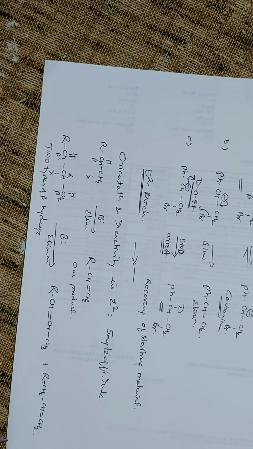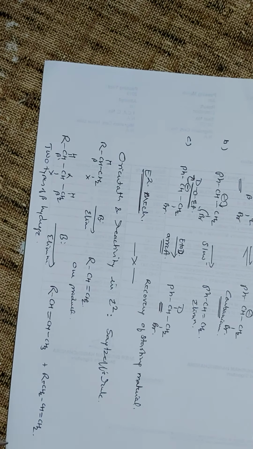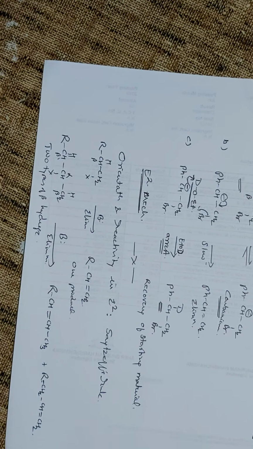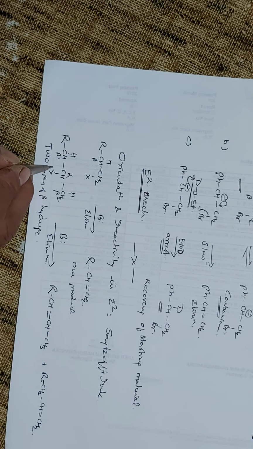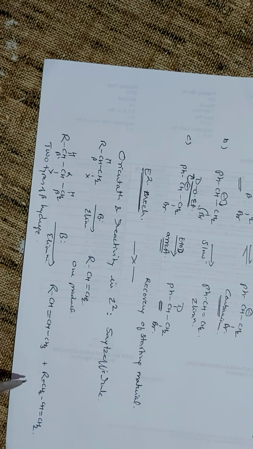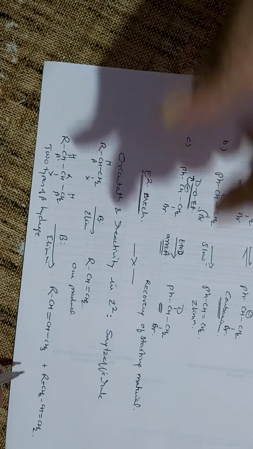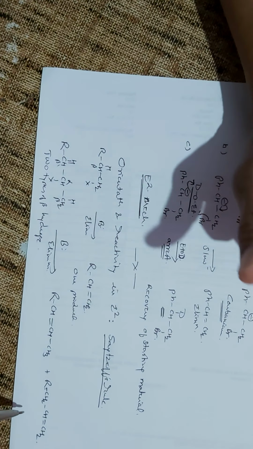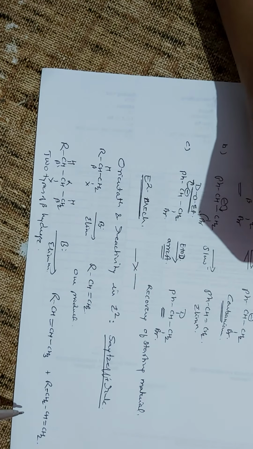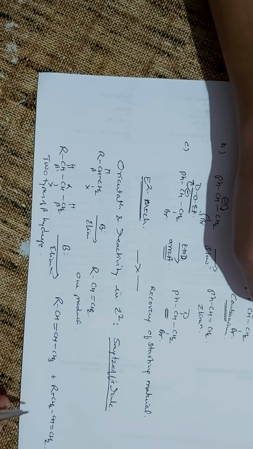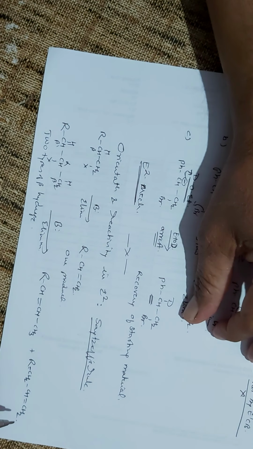Out of these two products, which is the major product? Here you are going to get two products when the substrate contains two types of beta hydrogen atoms. The product will be obtained according to Saytzeff's rule. What does Saytzeff's rule state? It states that the more substituted alkene is obtained as the major product.